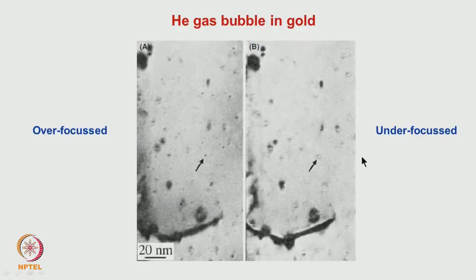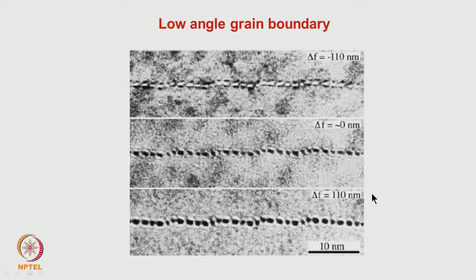If we do a little bit of under focusing, we can see that some Fresnel fringes will be formed around this, and using these fringes we can identify the defects, in this case the gas bubbles or voids, and we can count them to find out the void density and void size. All this information can be obtained. The theory of it you can see in the relevant papers published in the literature.